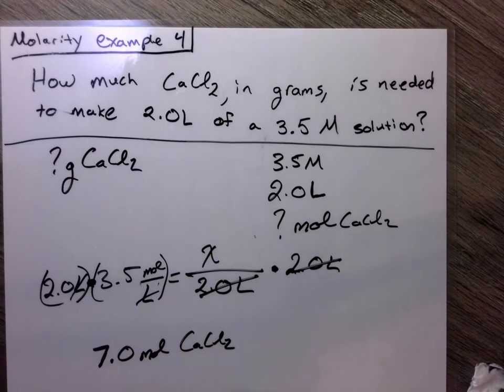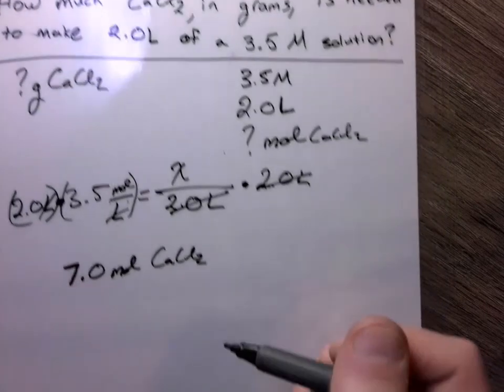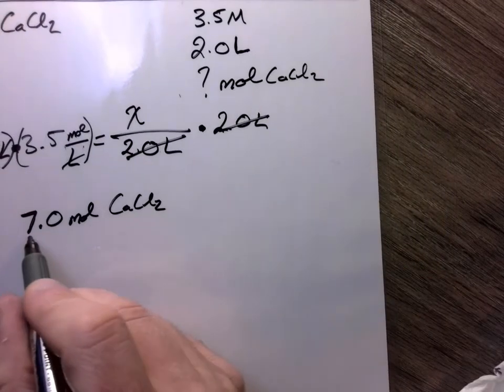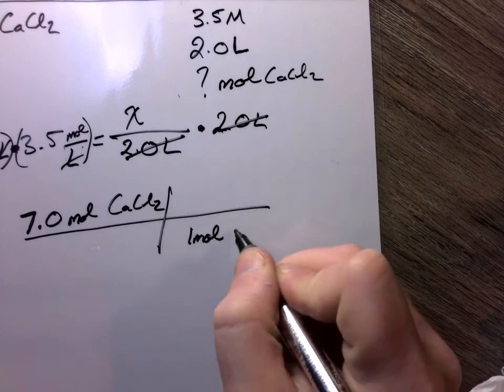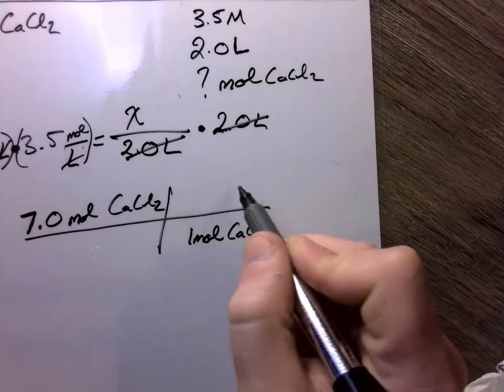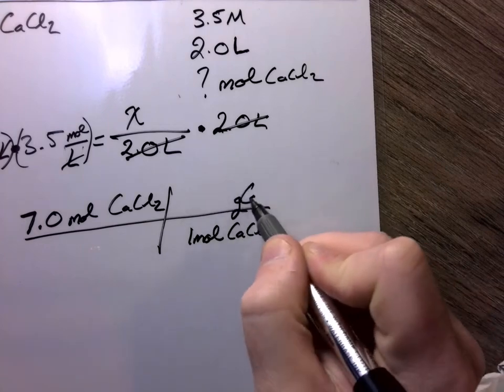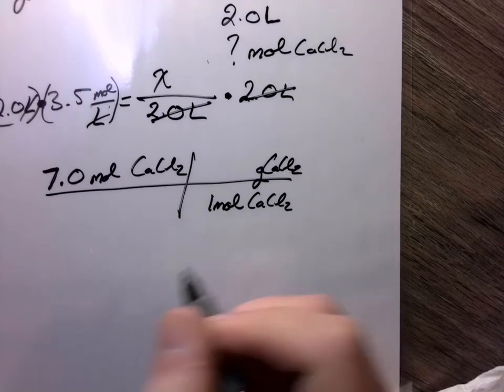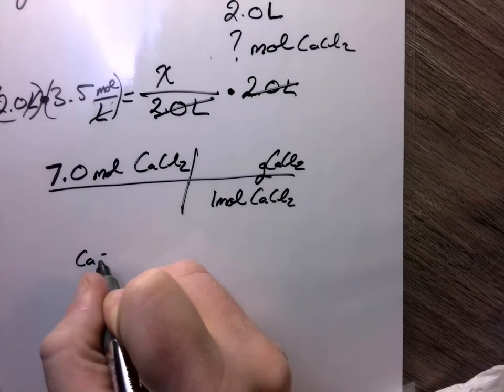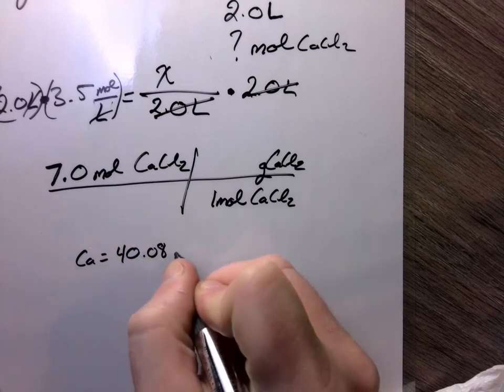Now, before we go ahead and say, yep, that's my final answer, done, look back at your question and make sure that's really what it wants. Did it say it wants the number of moles of calcium chloride? No. It said to find the number of grams of calcium chloride. I can do that if I have moles, though. So I'm going to take this information and go from 1 mole of calcium chloride on the bottom, and a number of grams of CaCl2 on top. I need the molar mass. Calcium's molar mass is 40.08 grams per mole.